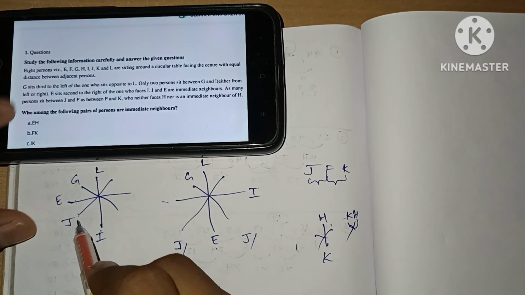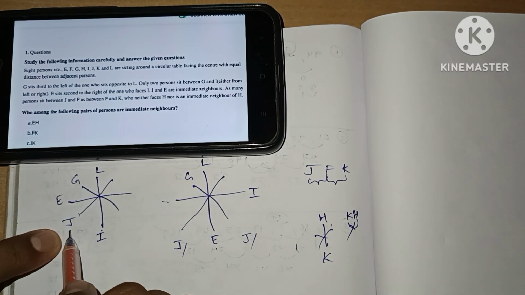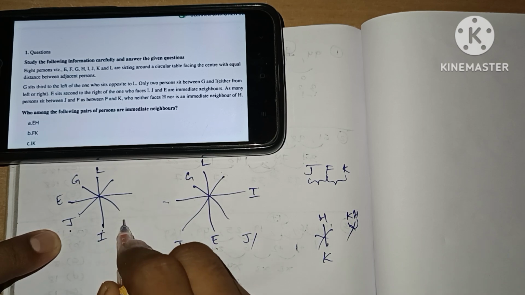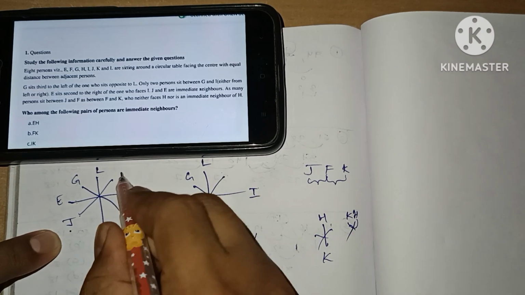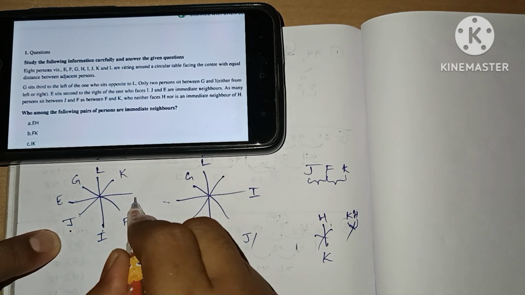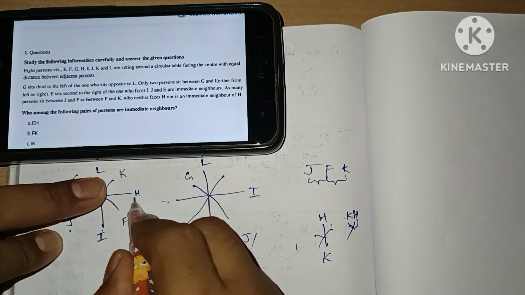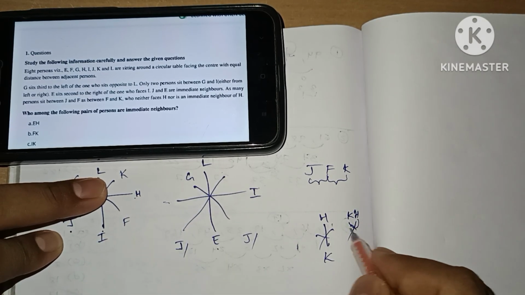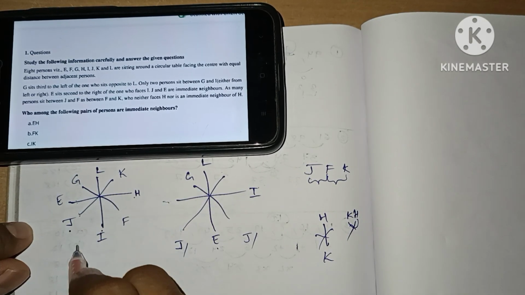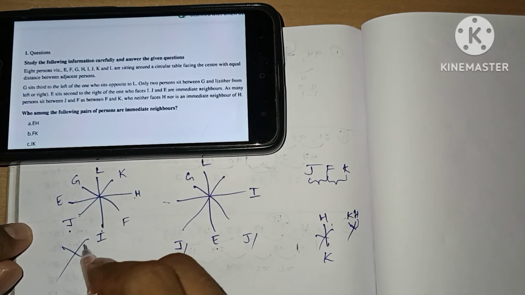If we have J here, we can place F here and K here, and we are left only with H. H is immediate to K. So this case is not satisfying here. This case fails.